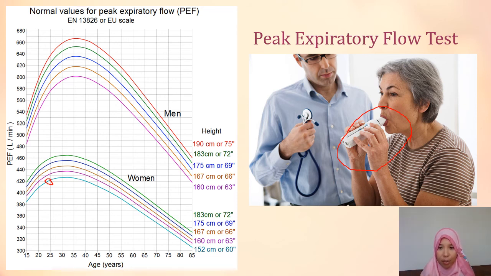At that point, hold it in, and then put that peak flow meter into your mouth, and make sure that your mouth is completely sealing off all holes, so that the air doesn't come out other ways, except going into your peak flow meter.